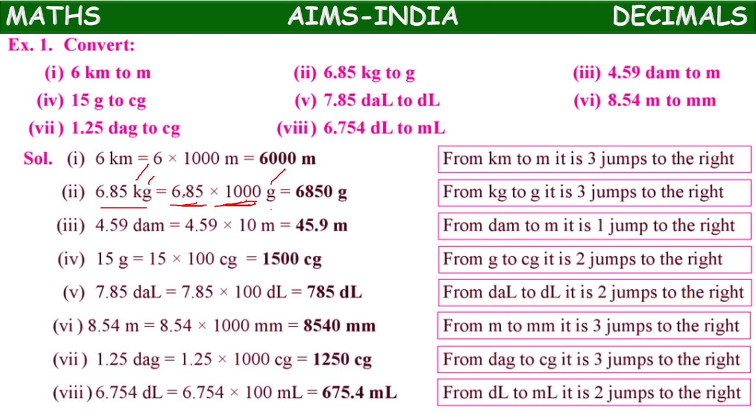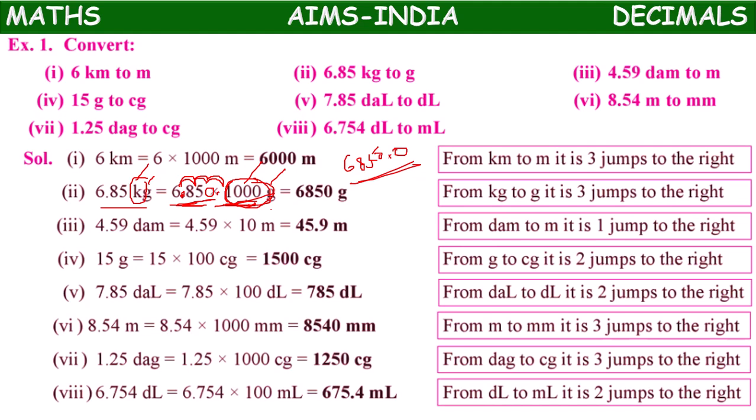6.85 into 1000. As we have a decimal point here and 3 zeros, to remove this 1000 the decimal point has to be shifted 3 places to the right. 1, 2, there is no third place, so we take a 0 here, and keep the point. 6850 point 0.